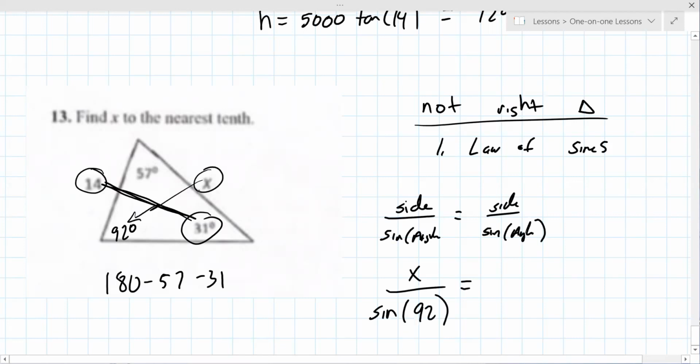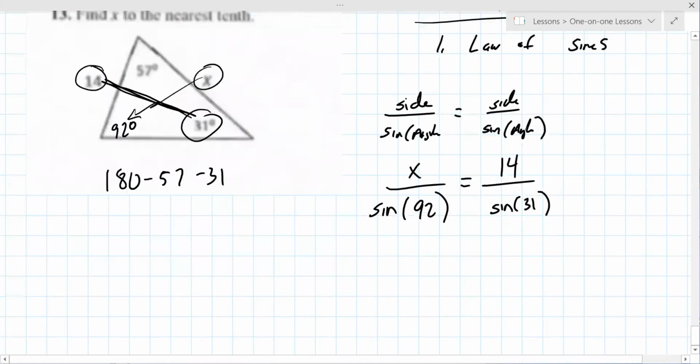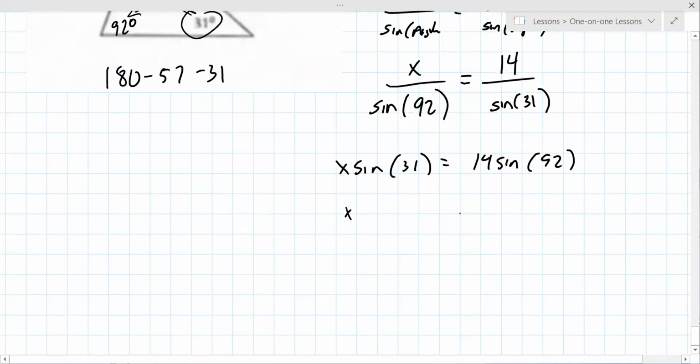The side 14 is across from 31, so that's the sine of 31. So we can solve for x by cross multiplying here. You get x sine of 31 equals 14 sine 92. So x equals, you just divide this out, 14 sine 92 over sine 31. So enter that into your calculator.